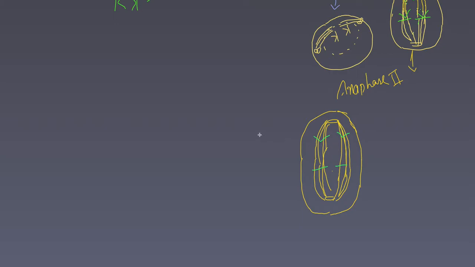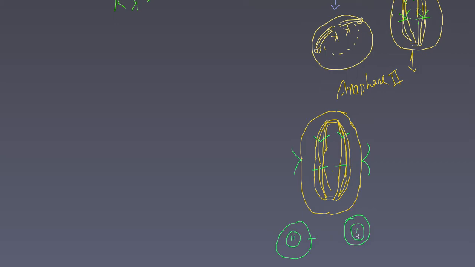So now in anaphase 2, these two get pulled apart along with cytokinesis, and here you have these indentations where the cytoplasm starts dividing up, and then you end up with two cells, each having 2 chromosomes.